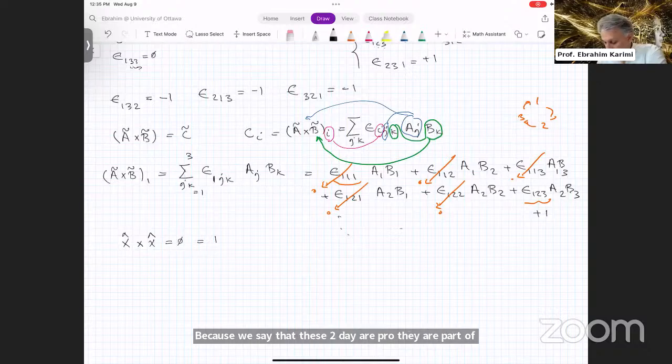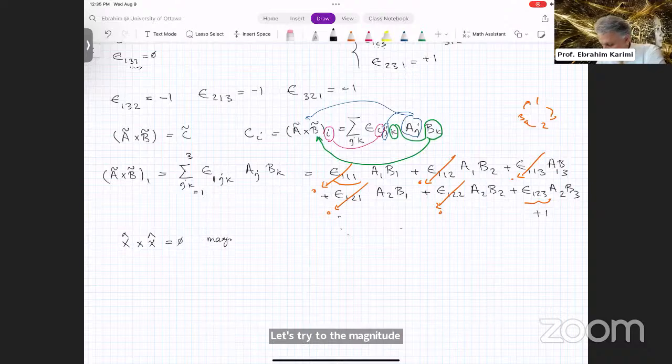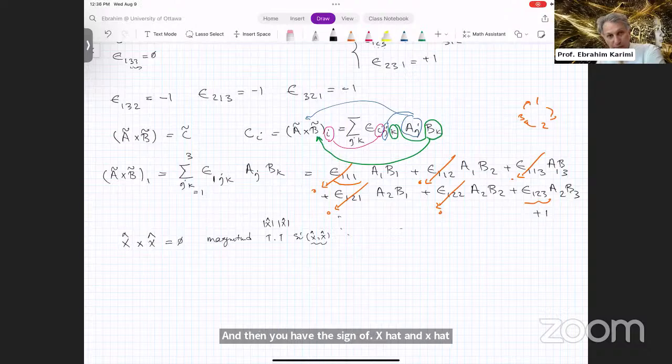The result is 1 multiplied by 1, and we are talking about the magnitude, by the way, so it is 1 times 1, the values of x hat, and then the sine of the angle between x hat and x hat. The angle between x hat and x hat is 0, so the sine of 0 is equal to 0, and the entire expression is equal to 0.